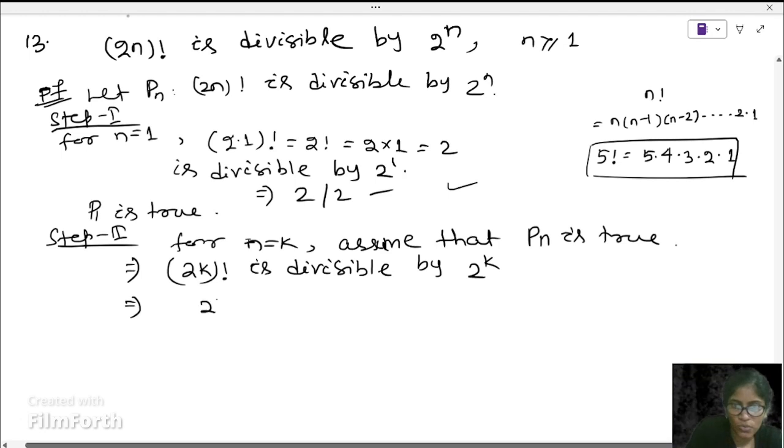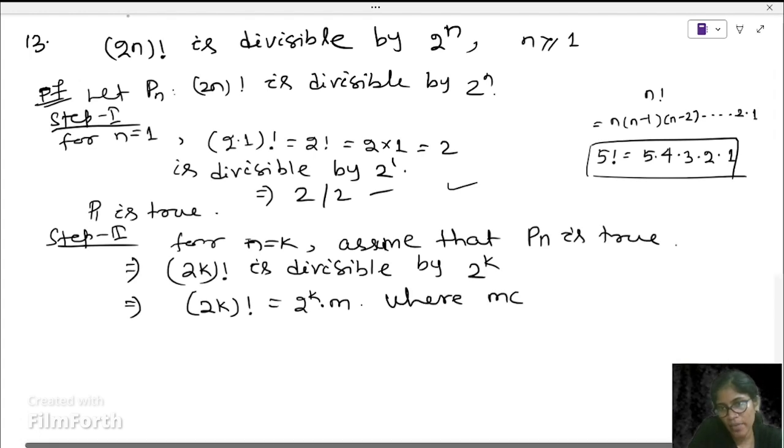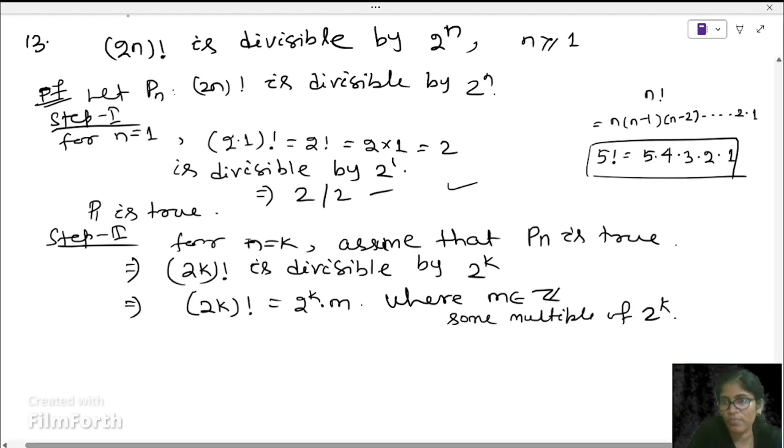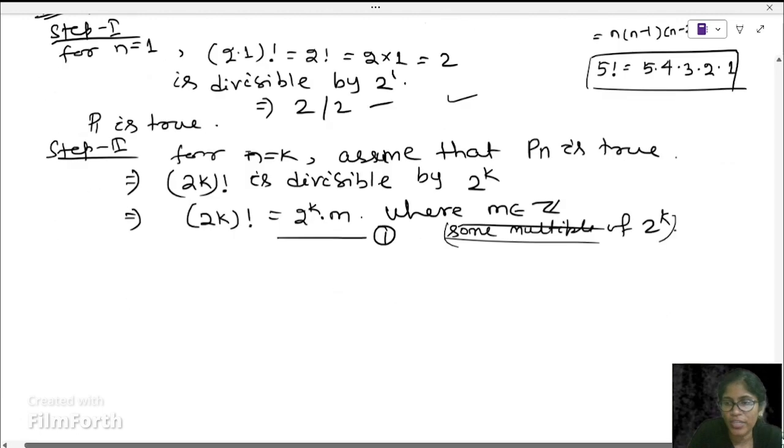That implies (2k) factorial is a multiple of 2 to the power k, which we can write as 2 to the power k into n, where n belongs to the integers. That means some multiple of 2 to the power k. Okay, 2 to the power k into n means this. Don't write this in your exam, it's for your understanding. Take this as equation 1.